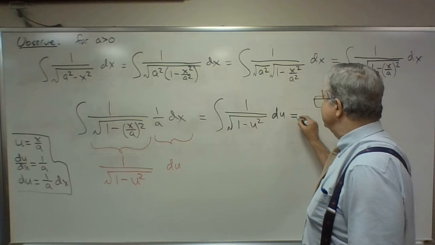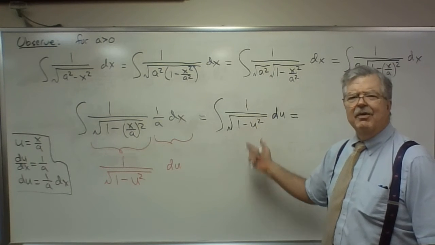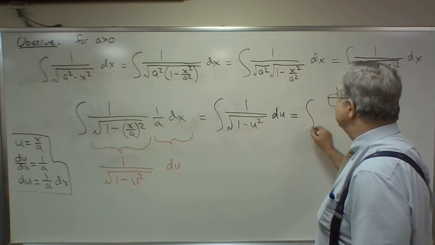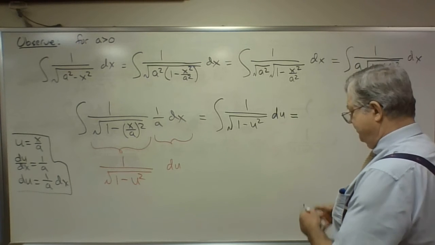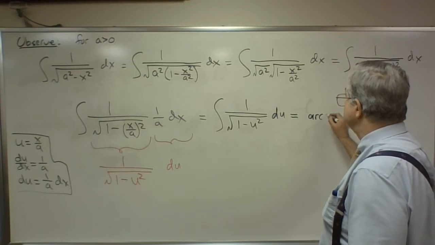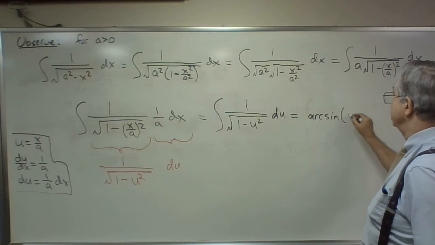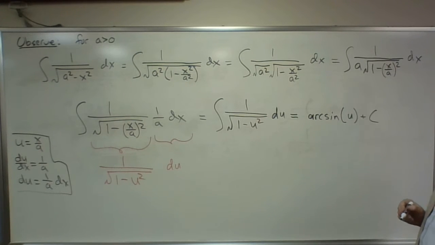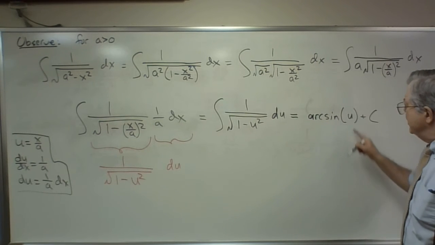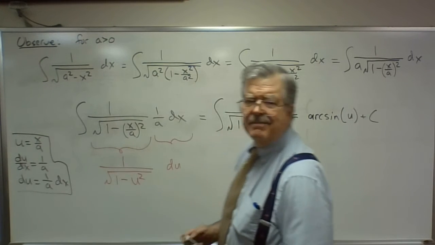We know what it is, but after we compute this derivation, we're not going to care about this formula anymore. Here's what we get. We get the inverse sine of u plus c. Well, what is u? U is x over a.